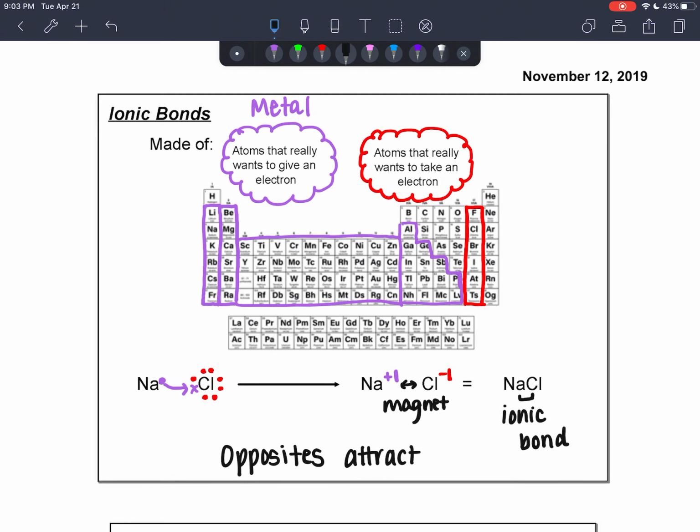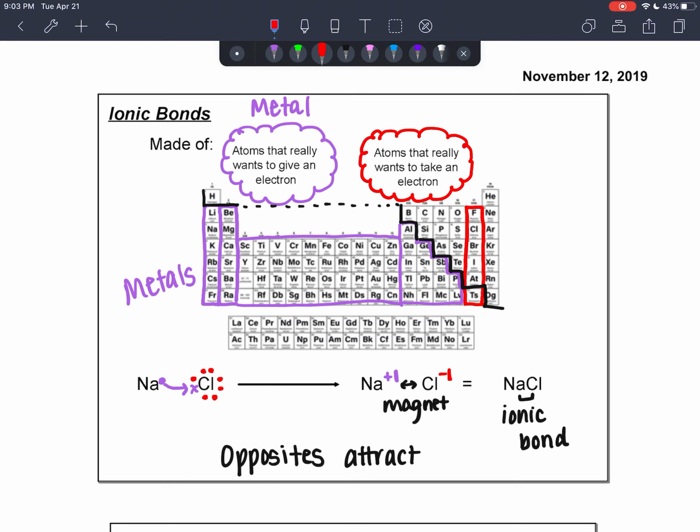Now remember, metals are all of the elements that are down and below the stair step. So I'm drawing my stair step right here. I know that I have metalloids along the stair step, but for our purposes, we can just remember that metals are just going to be below the stair step. So for the most part, all of these elements that I have in purple are going to be electron givers.